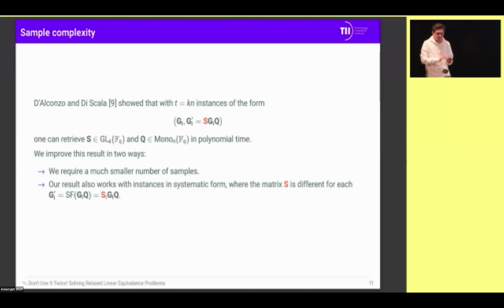This is not the case for the systematic form, because when you apply the reduced row echelon form, the S exists, but it depends on Q, and it's different per pair. So the previous algorithm doesn't apply to the setup used, for example, in systematic form.